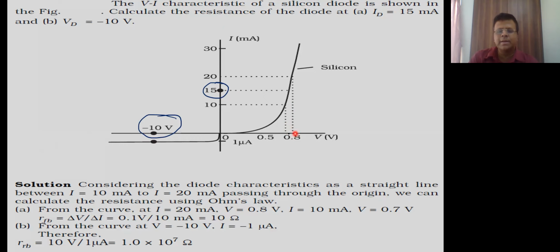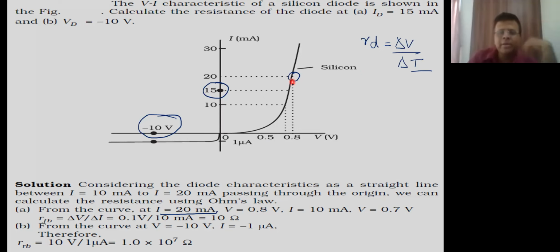You can say that the current is 15 milliampere, and at this point we are basically trying to find the slope, because the value we defined, RD, that is delta V divided by delta I, is nothing but the inverse of the slope here.